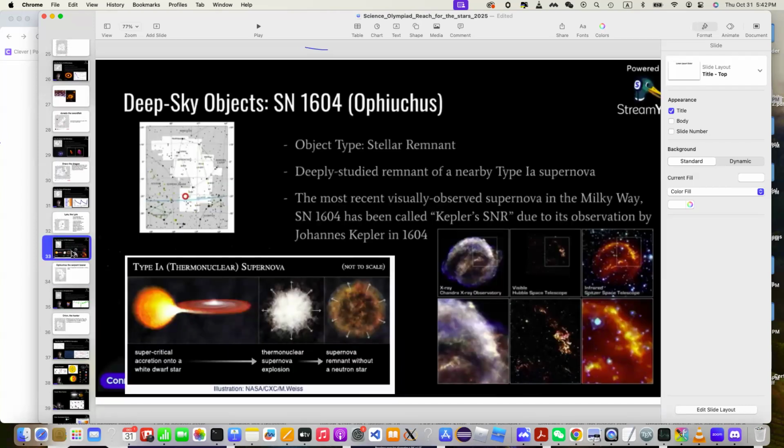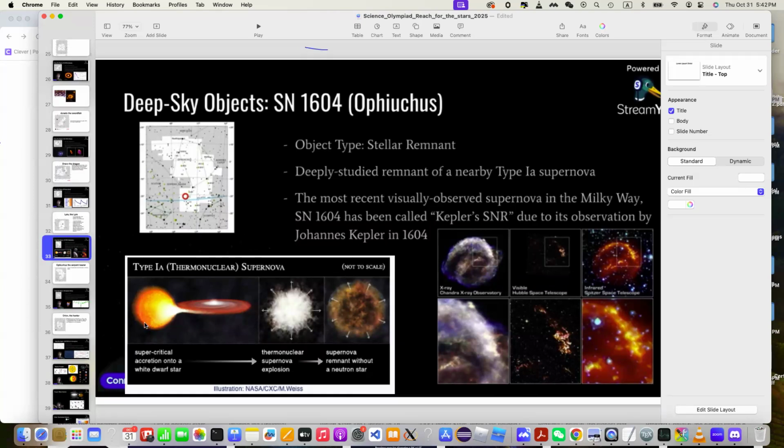Type 1A supernova usually occurs in a binary system. One is a white dwarf, which is massive, but not enough to create a supernova, so it still misses some mass. How to make up that gap? It has a companion star.